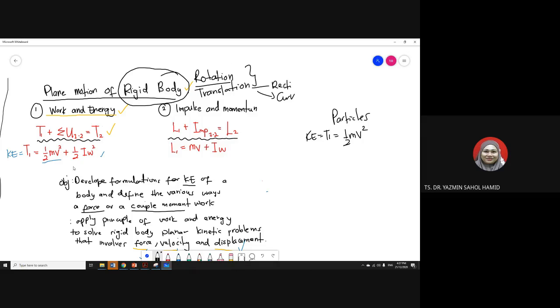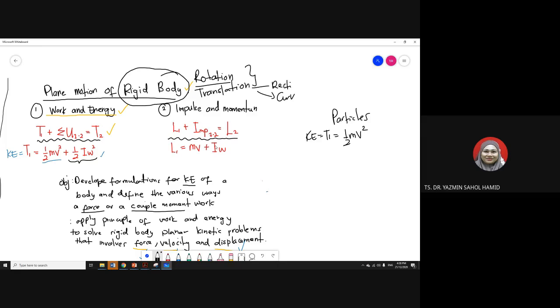What is the additional formula in kinetic energy? Mirza Alif, can you please read this additional formula to me? Half I, angular velocity squared. Yes, half I omega squared. So this formula is for rotation. When you are dealing with rigid body, there is an additional formula of half I omega squared.